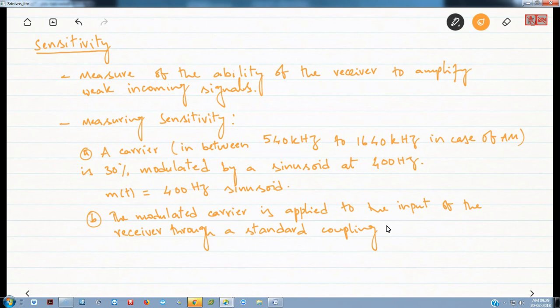It is more common to call the standard coupling circuit or network a dummy network.